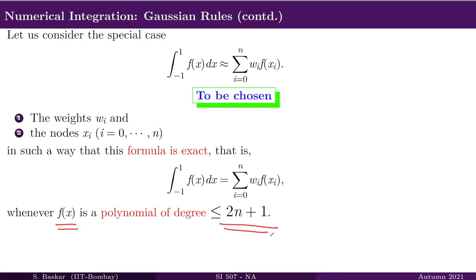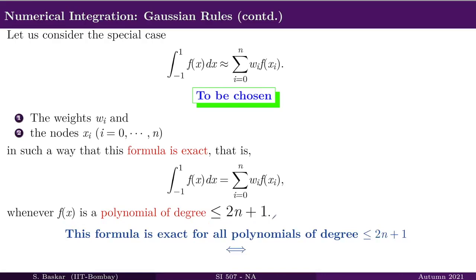So we need 2n plus 2 conditions, and therefore, if you impose the degree of the polynomial to be 2n plus 1, then degree 0, 1, 2 up to 2n plus 1 will give rise to 2n plus 2 equations to be solved. That is the idea of choosing this number 2n plus 1 as the degree of the polynomial.